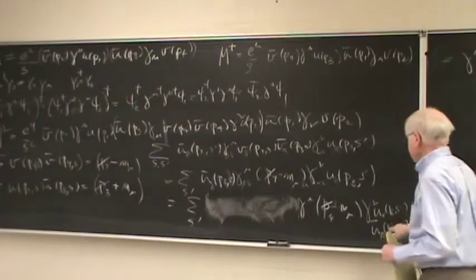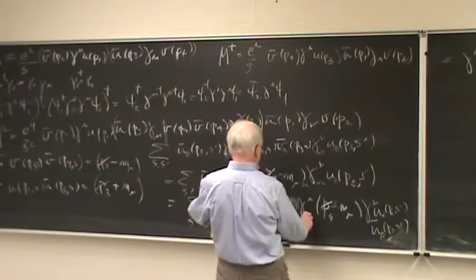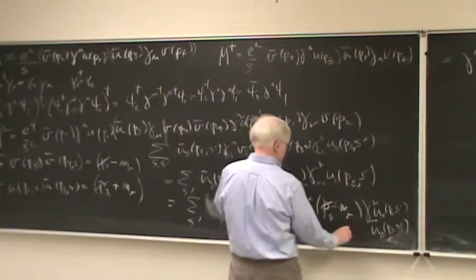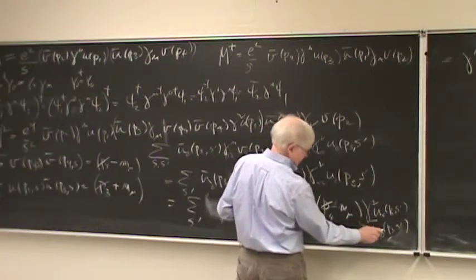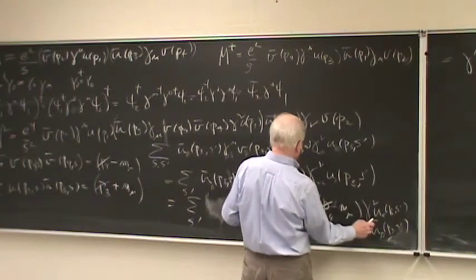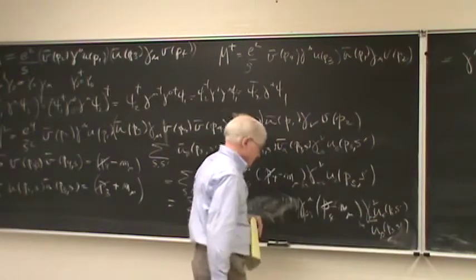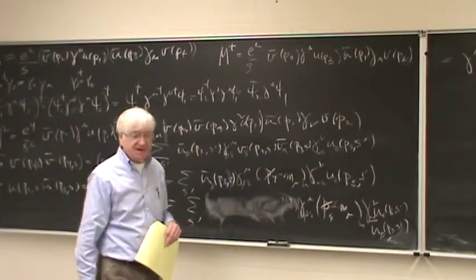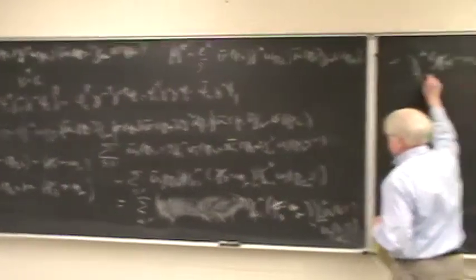But what is left here? This is a beta delta, and this is delta alpha. So beta delta, delta alpha, gamma was alpha epsilon, epsilon, and then beta. So you see the thing is actually a trace.